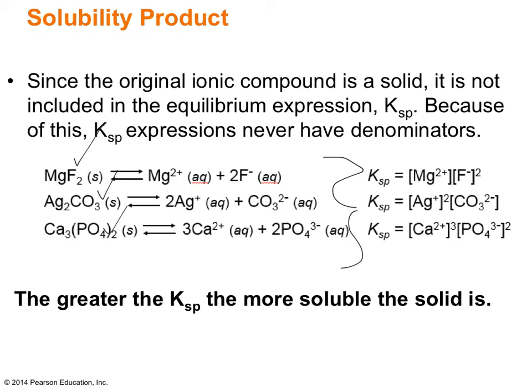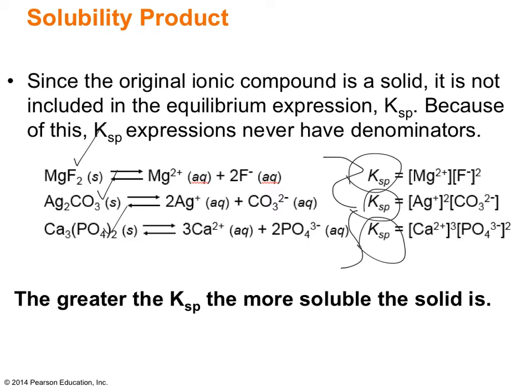The salts or ionic compounds that we consider extremely soluble or virtually completely soluble would not be associated with equilibrium values, just like a strong acid and strong base are not associated with Ka and Kb values because it just wouldn't make sense. The equilibrium lies almost totally to the right for these substances. So again, these KSPs are only for the slightly soluble salts.